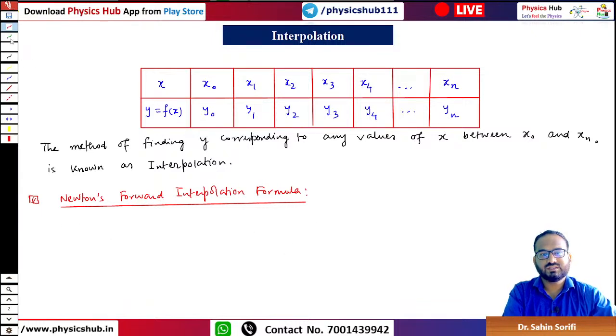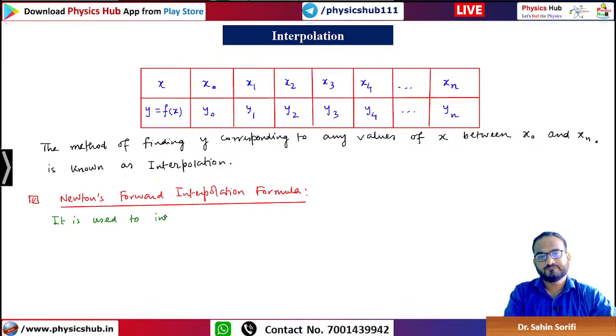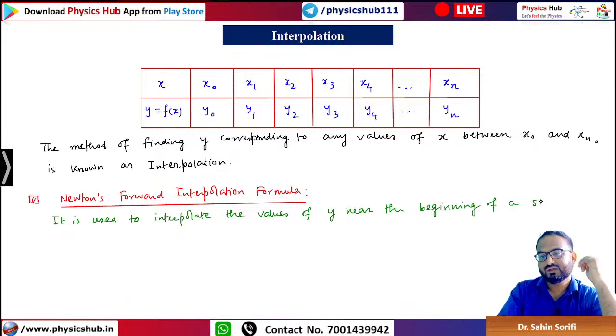The method is known as interpolation, and when you use it as a verb, we call it interpolate. So it is used to interpolate the values of y near the beginning of the table, near the beginning of a set of tabulated values.